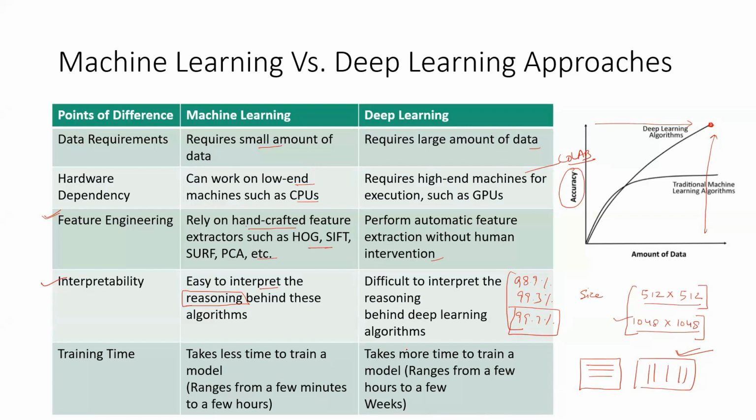The training time in the case of machine learning is much less. It ranges from a few minutes to a few hours. But in the case of deep learning, it ranges from a few hours to a few weeks. If your system is not highly configured, it may take lots of time. So it is very important that your parameters are configured accurately so that you can save time.